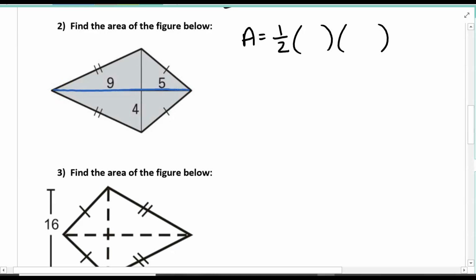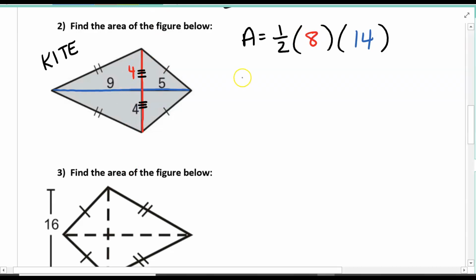That 9 plus the 5 combines to give me a 14. In the other direction, I see that I have a 4 on the bottom. What's important to realize is that I'm dealing with a kite here, and in a kite, one of the diagonals is bisected. So if that bottom part is 4, this is 4, which makes that whole diagonal 8.